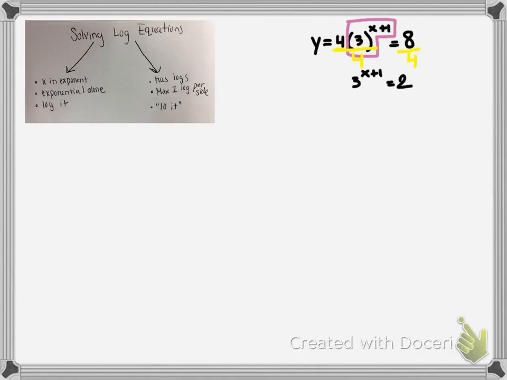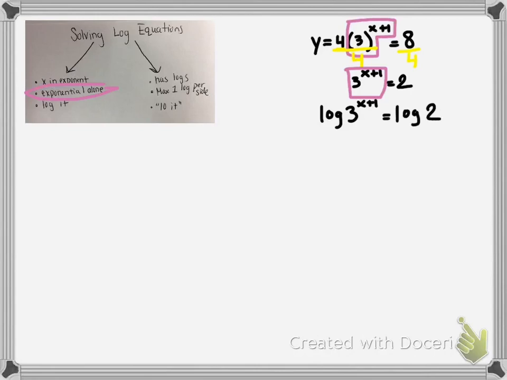Okay, and so we've done that. We've gotten the exponential part alone. We can see here that this 3 to the x plus 1 is alone. All right, so the way that we solve these is we log it. Logging it means that we're going to log both sides. Now, I would not take the shortcut right now if you're still having trouble with these.